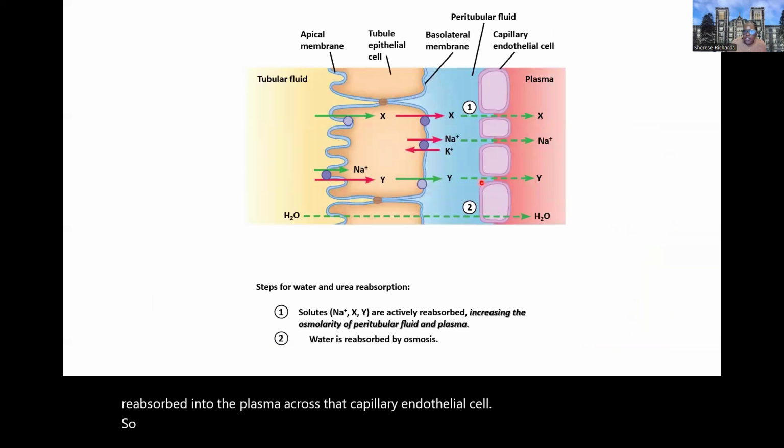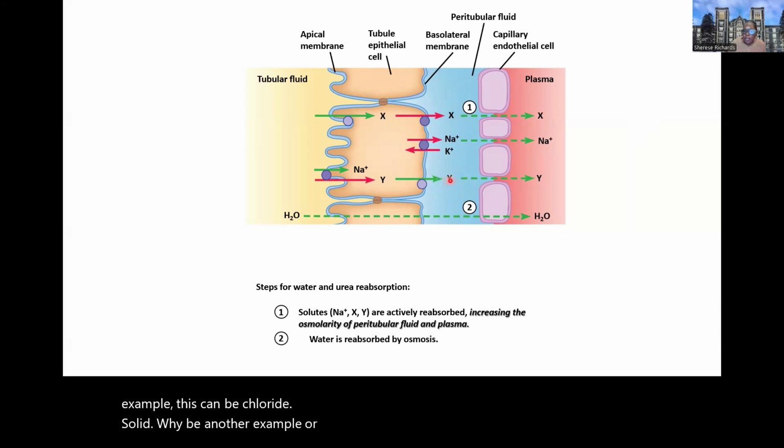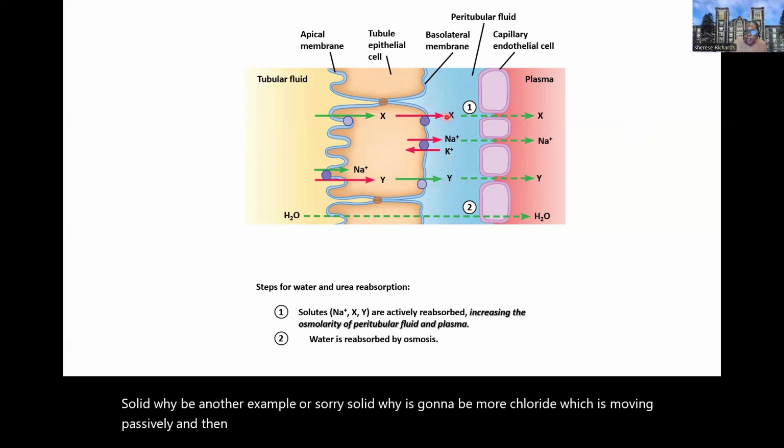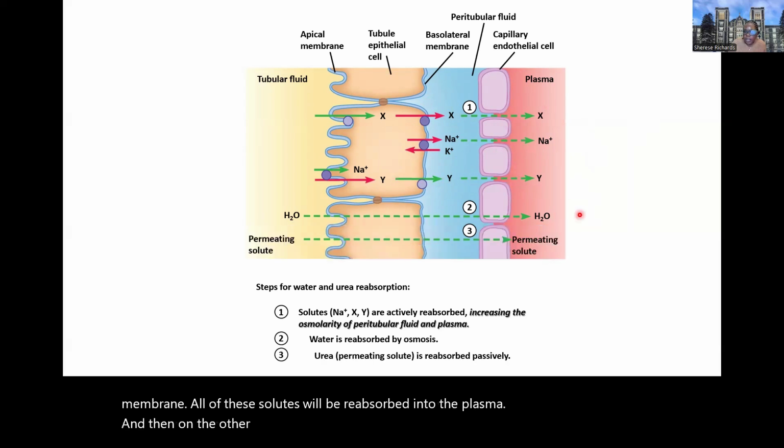So if we think about the solutes moving first, so solutes such as sodium, and then solute X, for example, this can be chloride, solute Y being another example, or sorry, solute Y is going to be chloride, which is moving passively. And then solute X will be another substance that is being secreted across that membrane. All of these solutes will be reabsorbed into the plasma. And then on the other end, water can move by osmosis. And then any other permeating solutes that can freely move will also be reabsorbed.